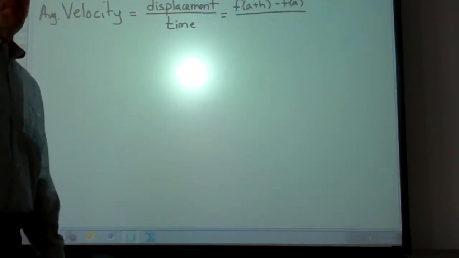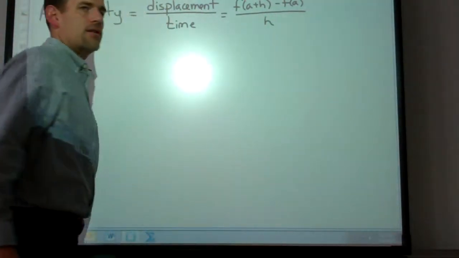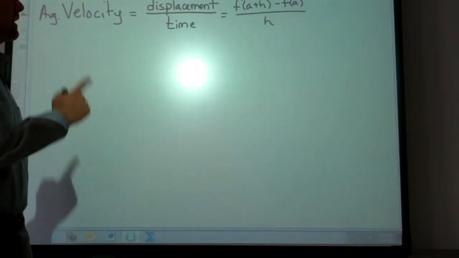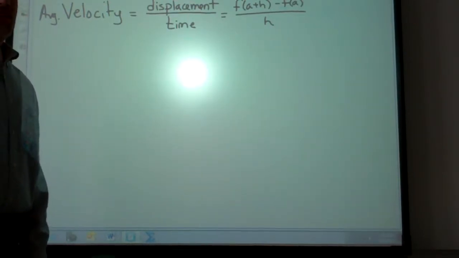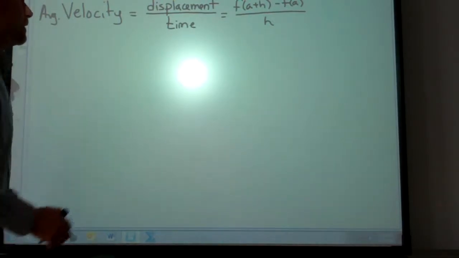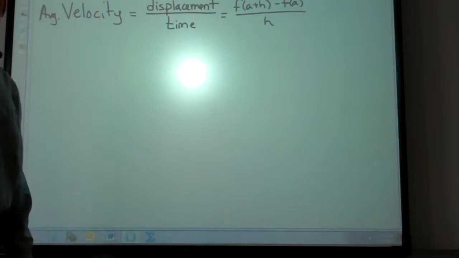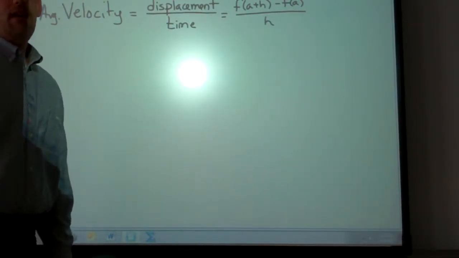Seconds, some type of unit of time. So let's just call it h over time. And that's the same exact equation or rational expression that we use to represent the slope at any given point on our curve.